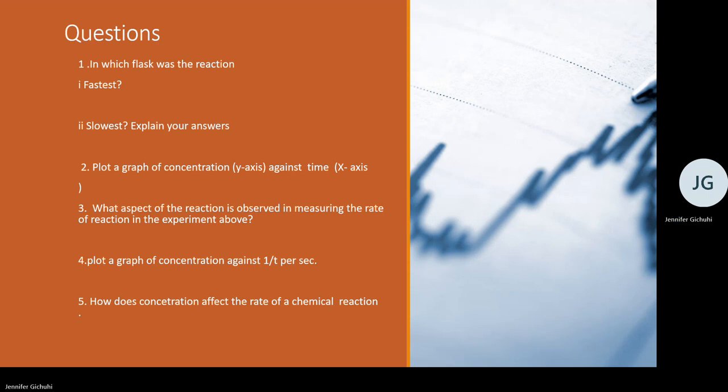Number 3, what aspect of the reaction is observed in measuring the rate of reaction in the experiment above? Discuss amongst yourselves. Number 4, I would want you to plot a graph of now concentration against 1/time per second. Finally, number 5, how does the concentration affect the rate of a chemical reaction?